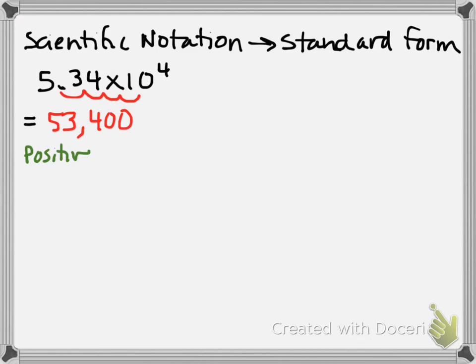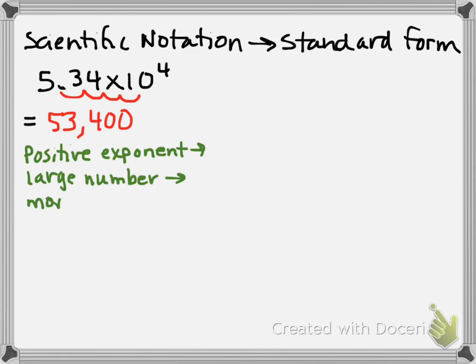So positive exponent means we need a large number, which means we need to move the decimal right. Okay? That exponent gives me all the directions I need.